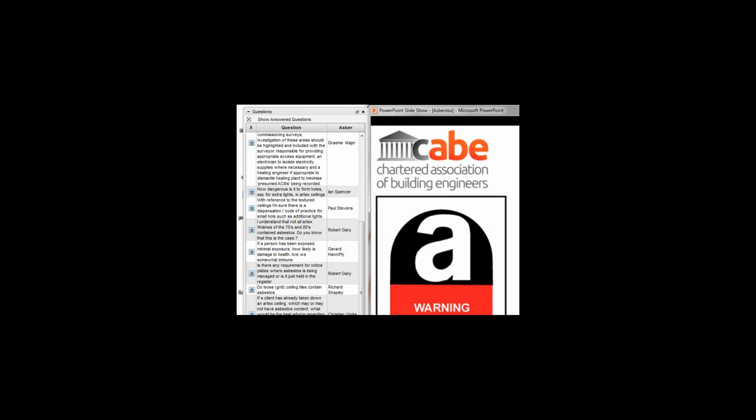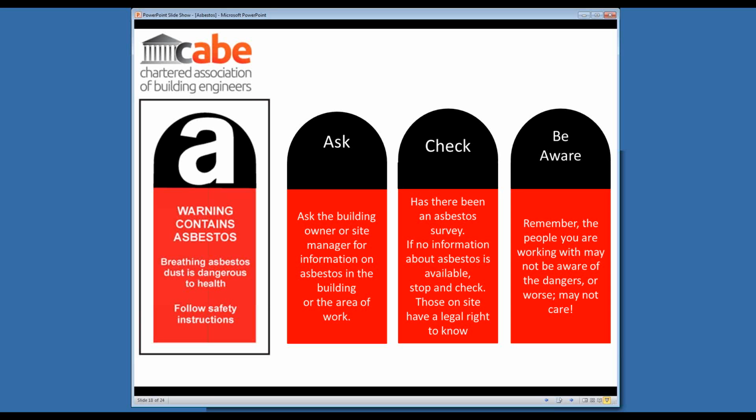So the people in charge of the maintenance and repair of workplaces have a legal duty to provide anybody who's likely to disturb asbestos products with information about the location and the condition of the asbestos before the work starts, so that that person can then take into account precautions that need to be made. And that's normal.